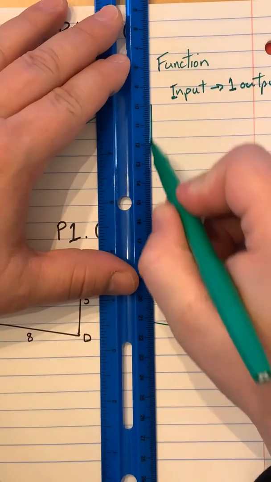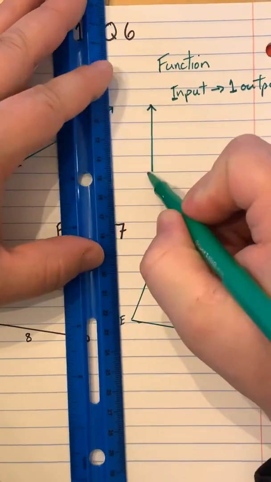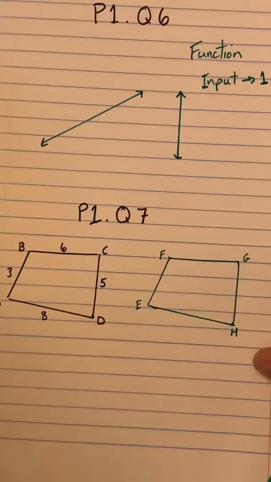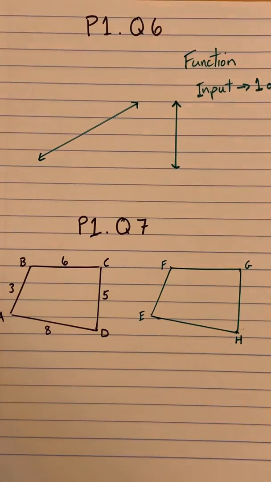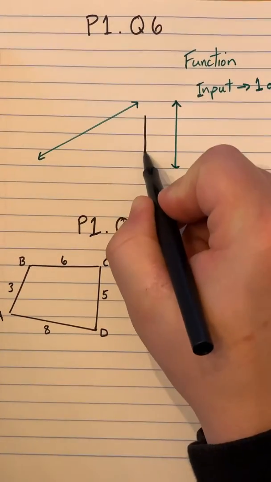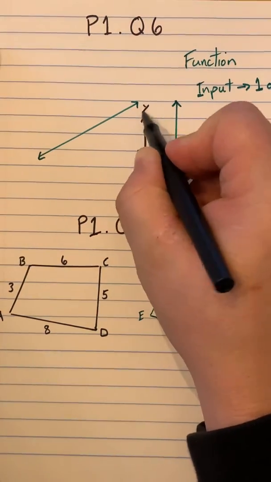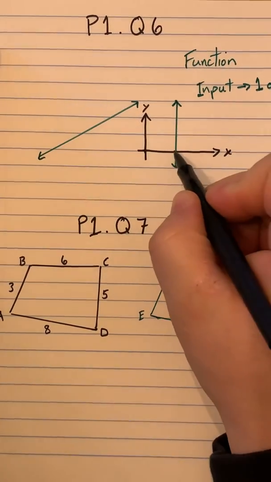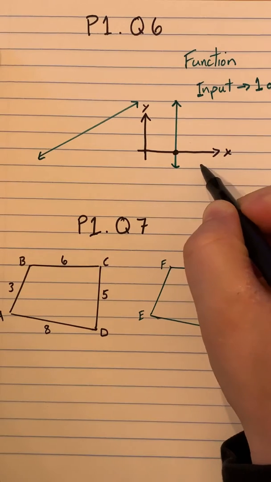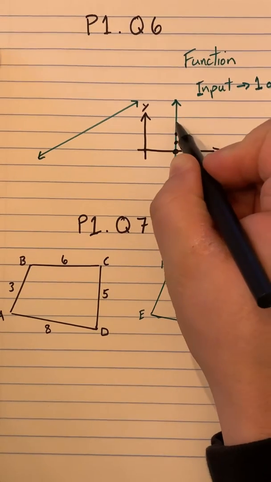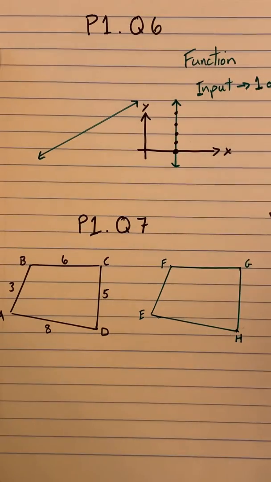So if our line was vertical, and this was part of a coordinate grid, let's say, so I have a coordinate grid that looks something like this, x and y, then this x, this input would have multiple outputs and therefore would not be a function.